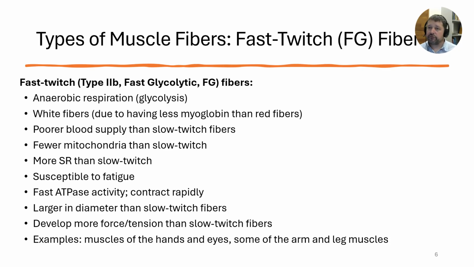If you're looking at, say, a turkey, this would be the white meat on the turkey, the breast meat. Domestic turkeys don't typically fly, so they don't use those breast muscles for movement. So they tend to be white fibers because there's no myoglobin or very little, and there's a lot less blood supply and mitochondria to the region.